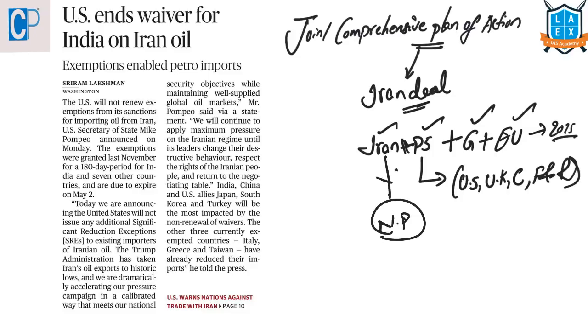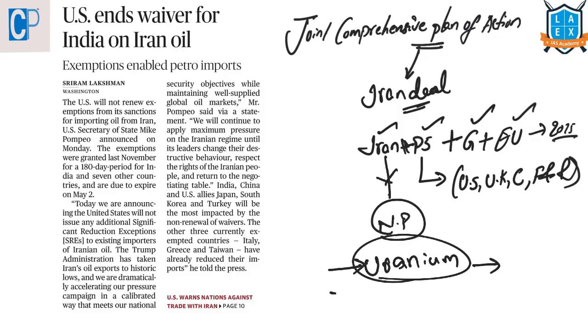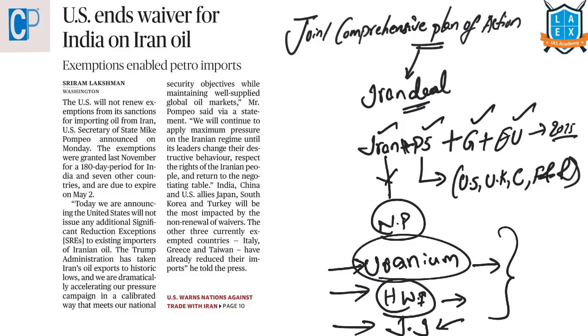According to this deal, most of Iran's enriched uranium has to be shipped out of the country, that is Iran, and a heavy water facility should be made inoperable, and operational nuclear facilities should be brought under international inspection.